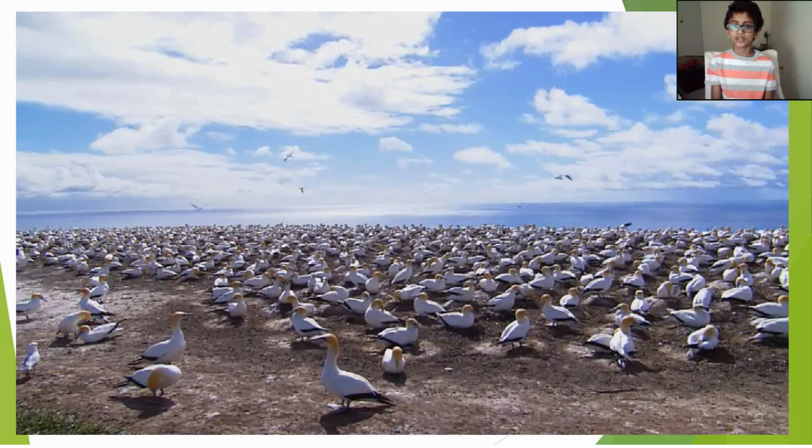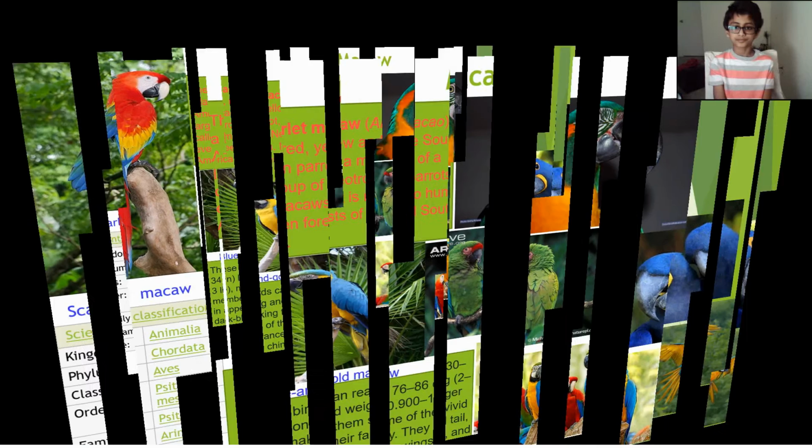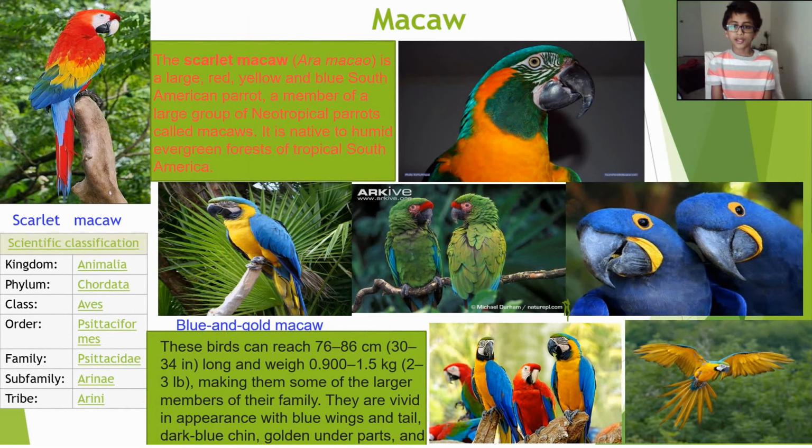So now let's go on to my animal and some facts about it, and so let's narrow down a bit. So my animal's name is the macaw. This is a very famous animal. I know you know about it, so I'm gonna talk a little bit about this animal.